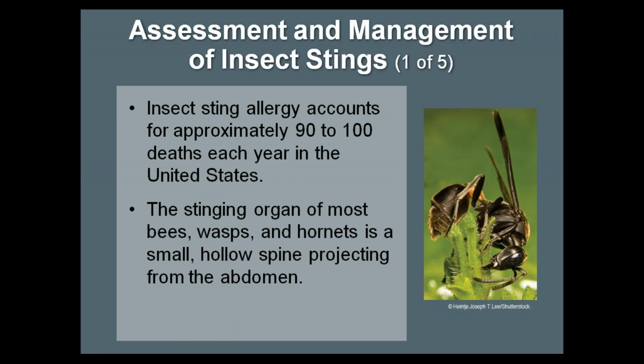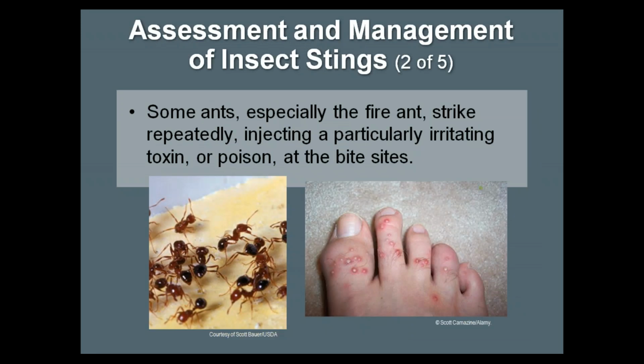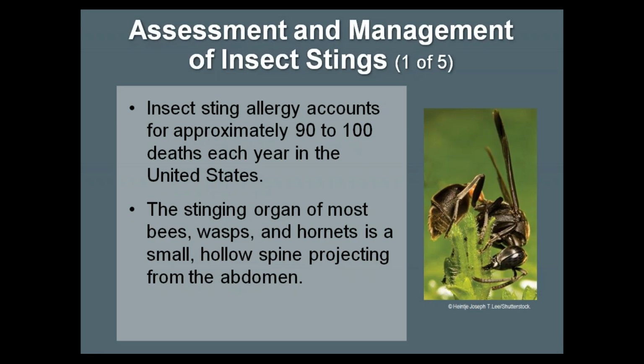So, insect stings. The big thing with insect stings is find where they were stung and make sure the insect or the stinger, I guess is what we call it, is no longer in place. You can remove that with a card or a piece of something rigid.